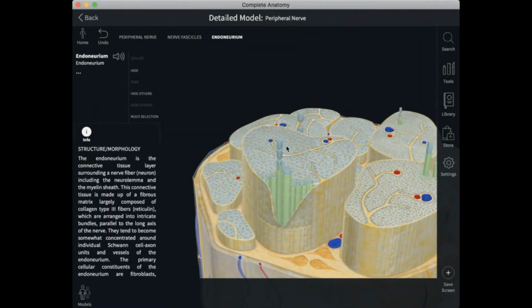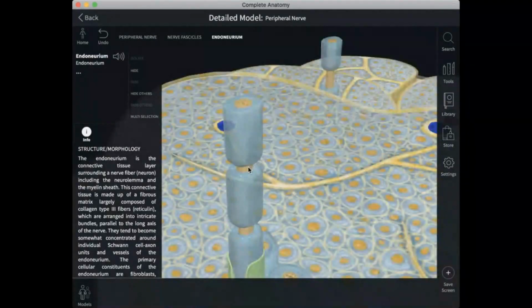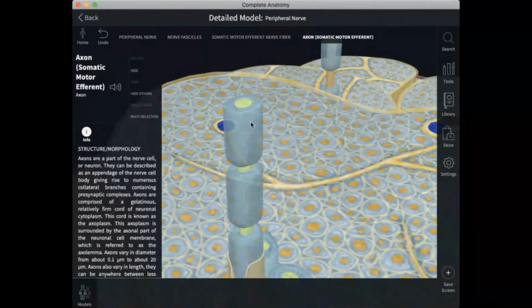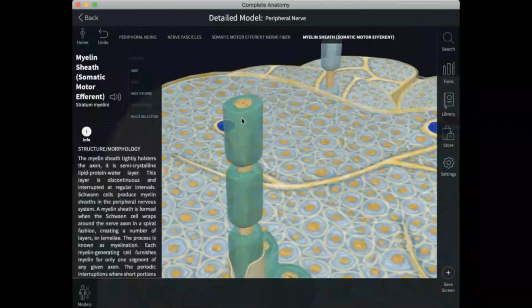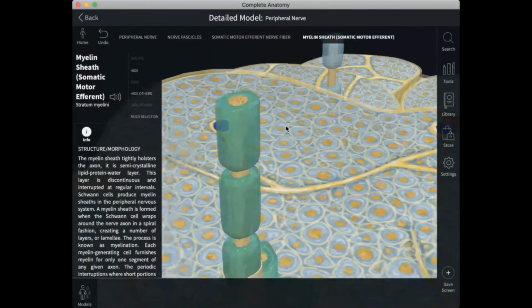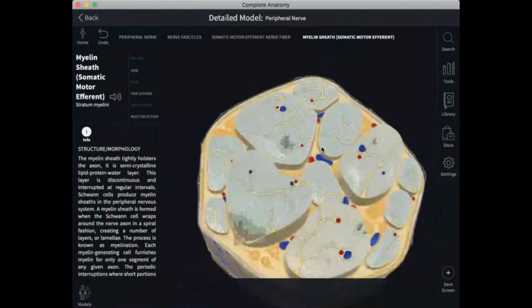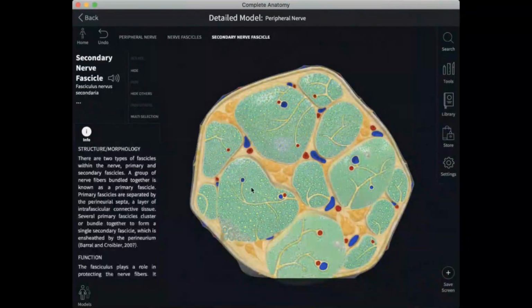These axons are covered by the myelin sheath. You can see there are many axons, which means these many neuron axons are passing through the nerve. Generally there are around 70 to 140 axons traveling on average in the nerve.